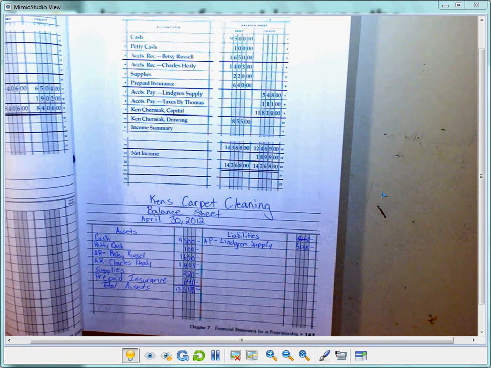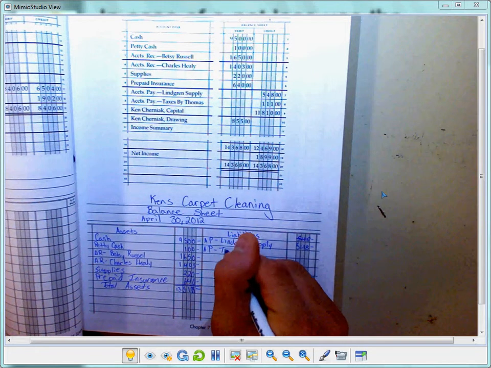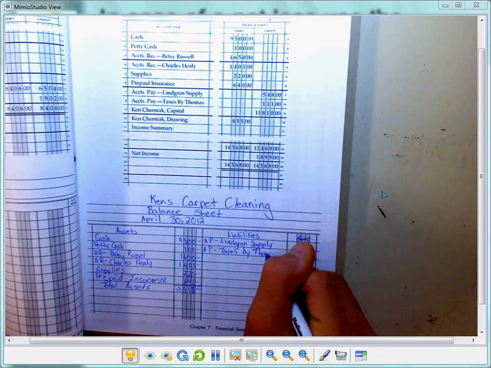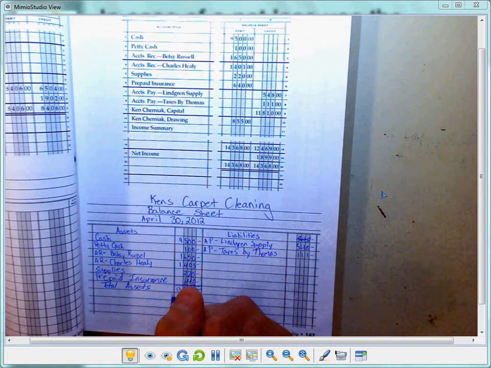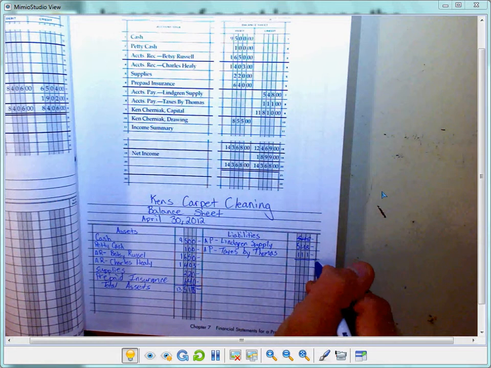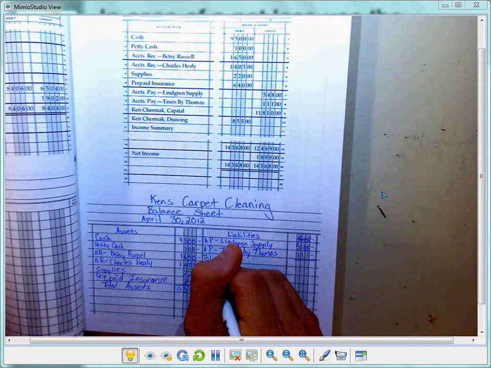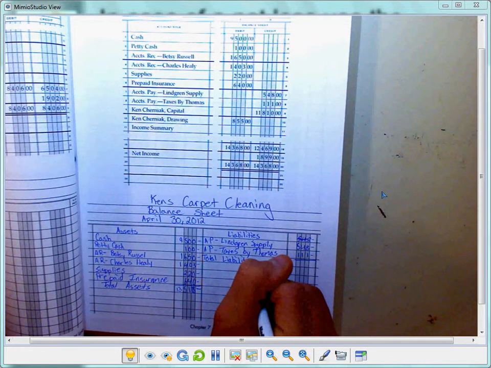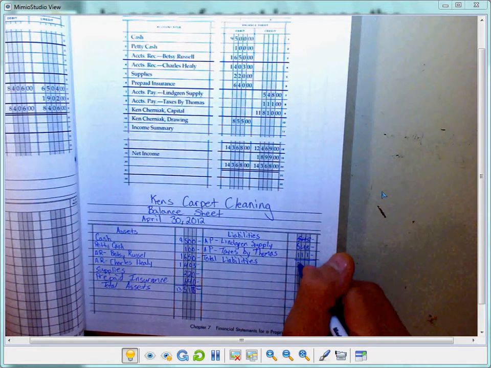Our next liability is AP dash taxes by Thomas, $111. Then do a single rule underneath the $111. Underneath our AP taxes, we're going to write total liabilities. We will add those together and get $659.